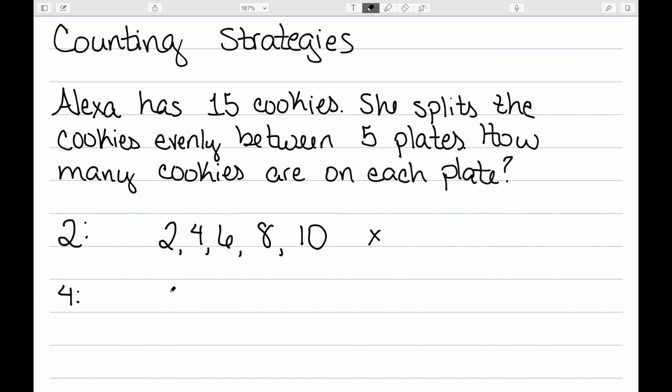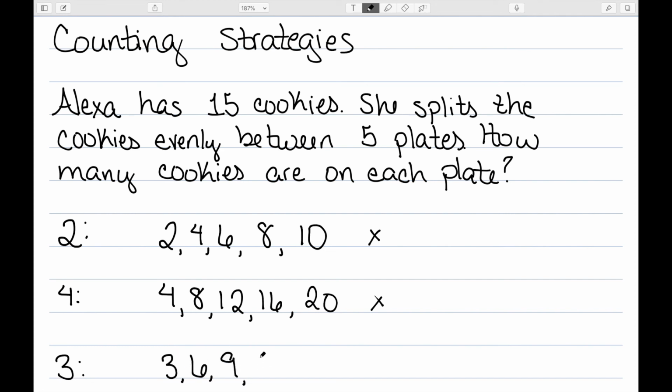What if we did it by 4s? 4, 8, 12, 16, and then 20. Well, 20 is also too much. What about 3? 3, 6, 9, 12, 15.